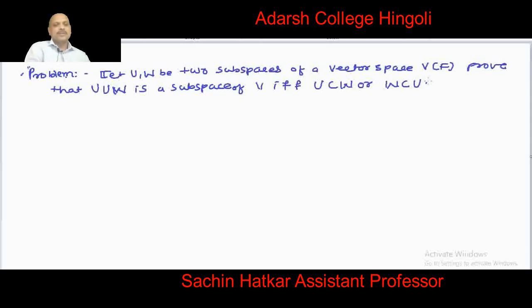When U is a subset of W or W is a subset of U, then U union W is a subspace of a vector space. Let us prove this problem.